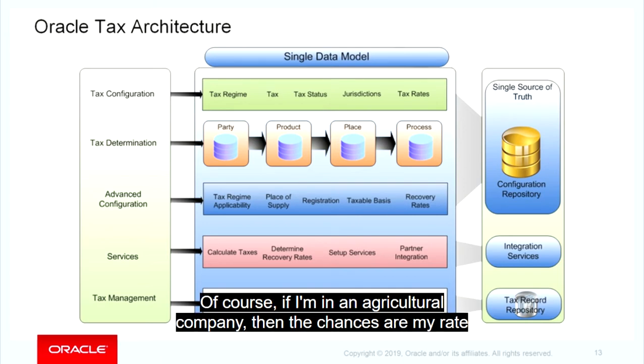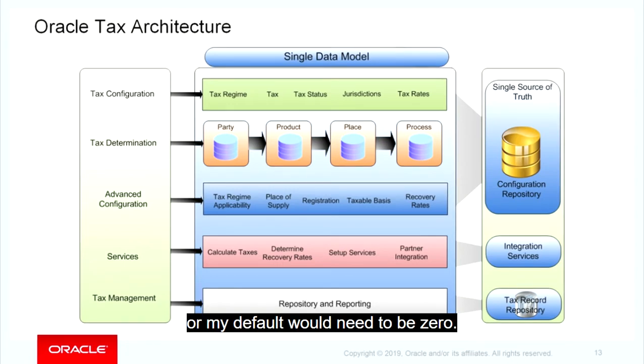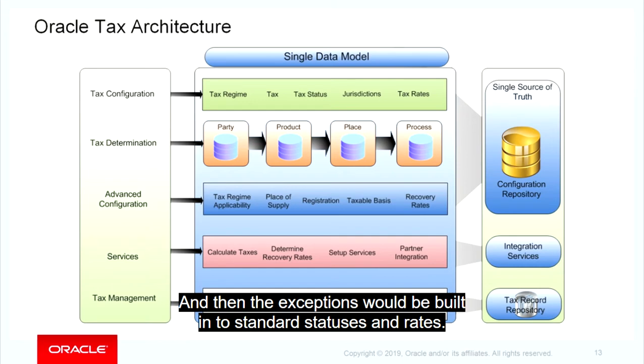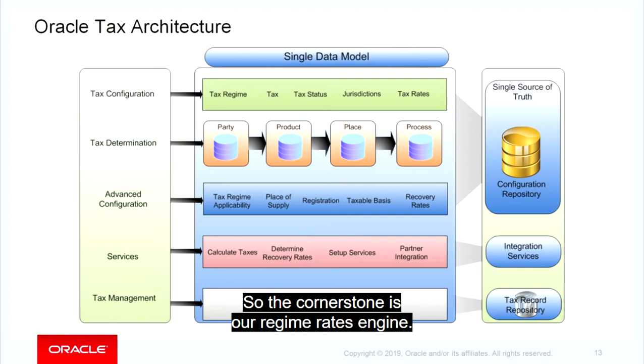Of course, if I'm in an agricultural company, then the chances are my rate or my default would need to be 0, and then the exceptions would be built in to standard statuses and rates. So the cornerstone is our regime to rates engine.